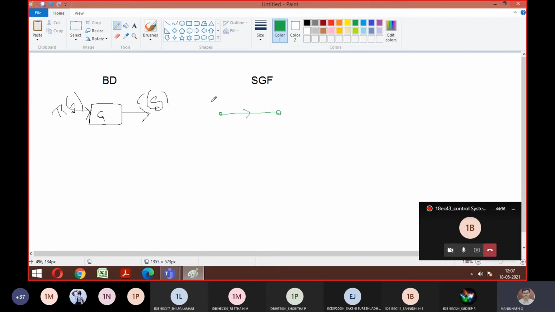So this is your G, and this is your R of S and C of S. You can look at the change from that diagram to this diagram. Whatever blocks you have, you see the paths in different directions and connect them like this. That's it. This is the advantage of the signal flow graph.